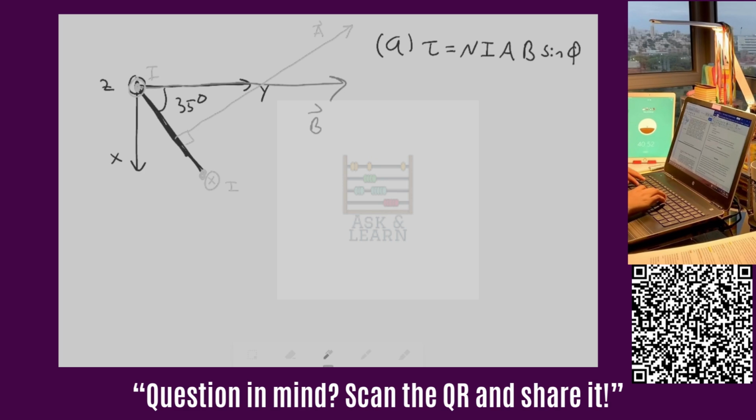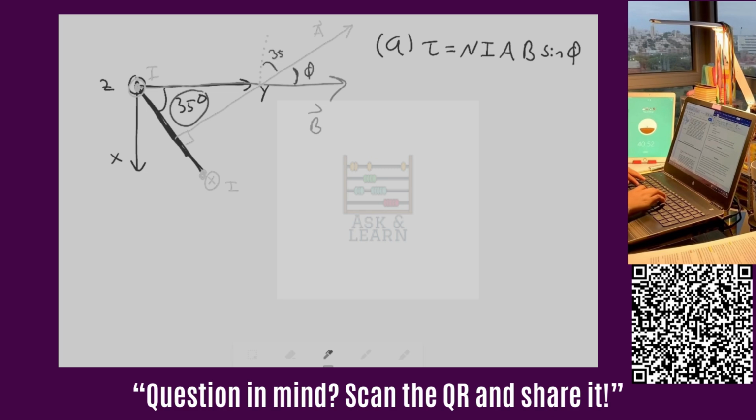Now, we can figure out the angle between the area vector and the magnetic field vector, because that angle is this one right here. This is the angle phi we want to find. If we compare angles between this angle here and this here, we see that they're the same.